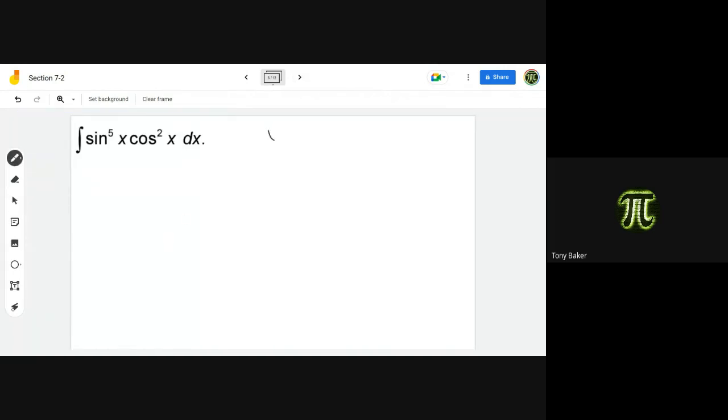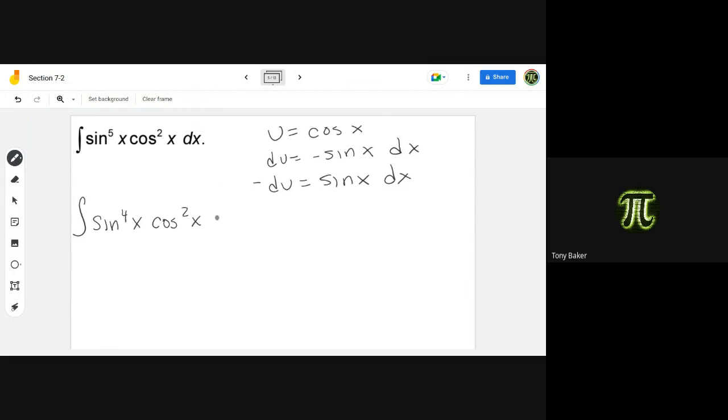If I make u cosine of x, du is negative sine of x dx. So negative du is sine of x dx. So I need one sine pulled out. So if I do that, I have sine to the fourth x, cosine squared x, sine x dx.